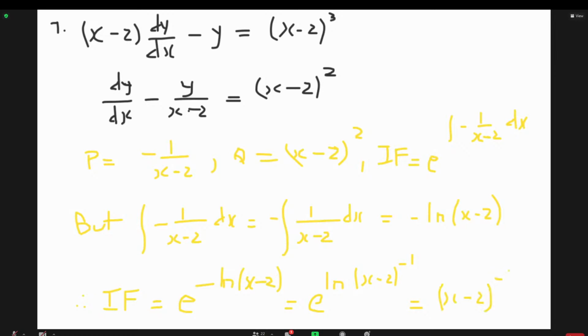Okay, and that's going to be your integrating factor. Right, so finish it up. You just have to substitute, and you'll see how easy it is. The substitution and the rest of it is easy.